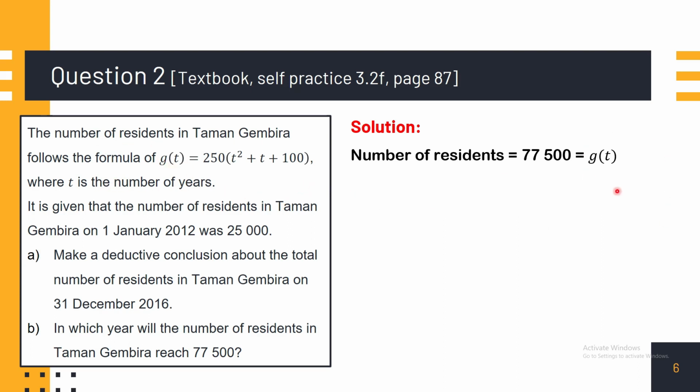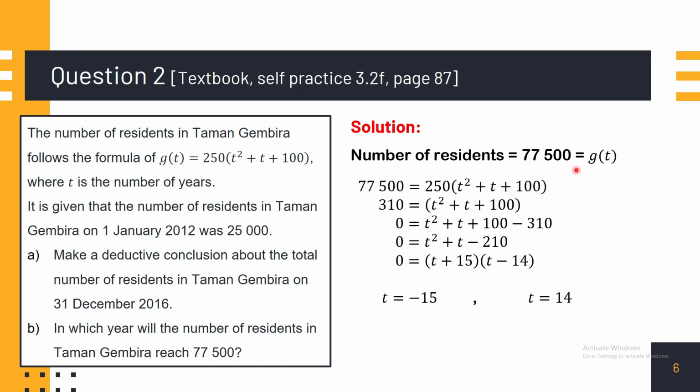That's why we say that G(t) is 77,500. Then we replace this number of residents into the equation, following the formula.